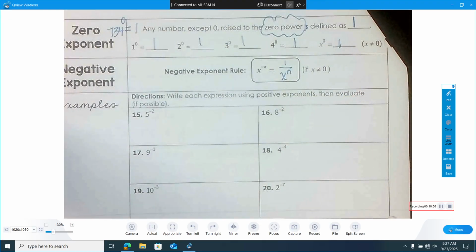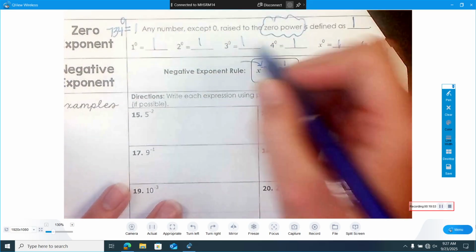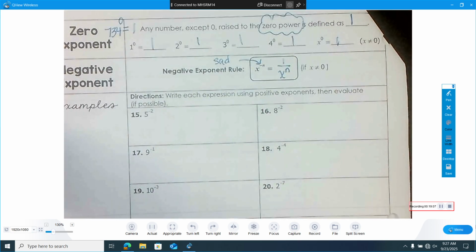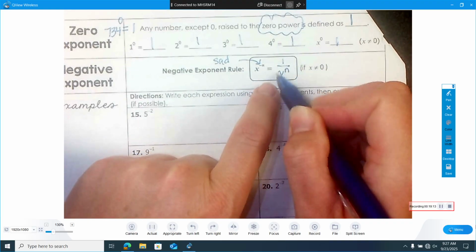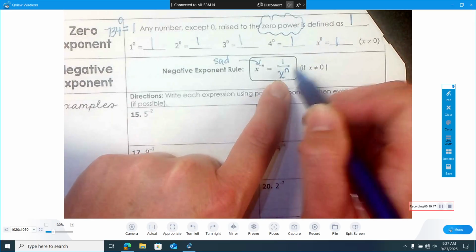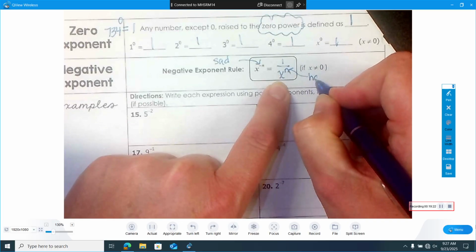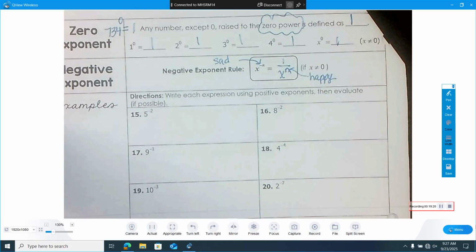I like to think about it as a happy, sad exponent. Right now, this exponent is negative and sad. He doesn't like being up high in the numerator, so he wants to move down to the denominator. Once he moves into a denominator, is it negative anymore? No, it's happy.